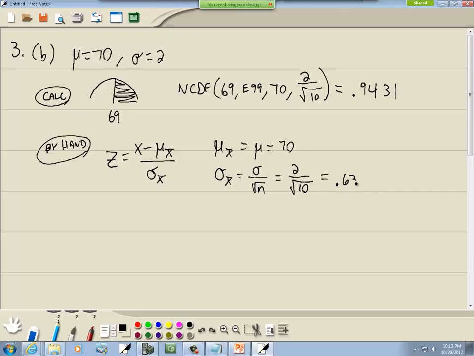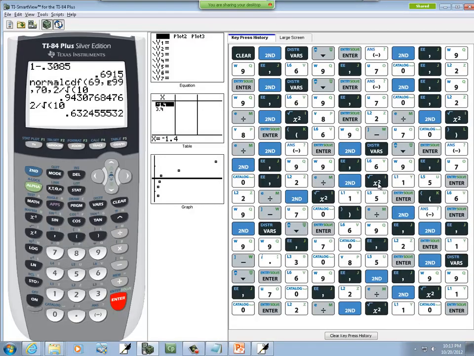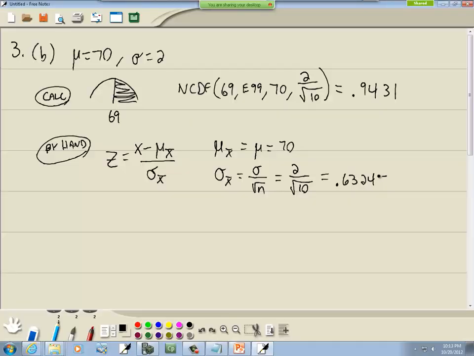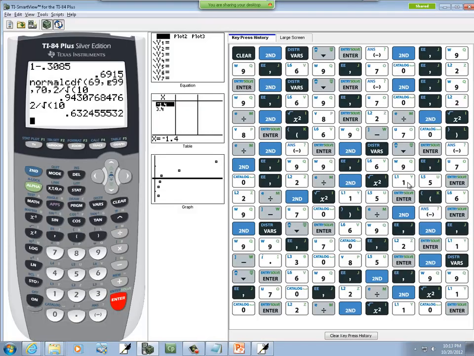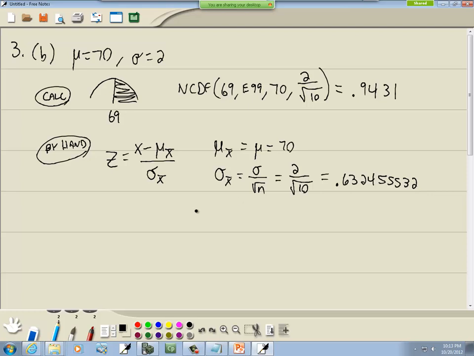And we get 0.6324555. So this becomes x, which is 69, minus mu sub x bar, which is 70, over sigma sub x bar, which is 0.6324555. And if we're going to put the top in our calculator, we have to put parentheses around it.